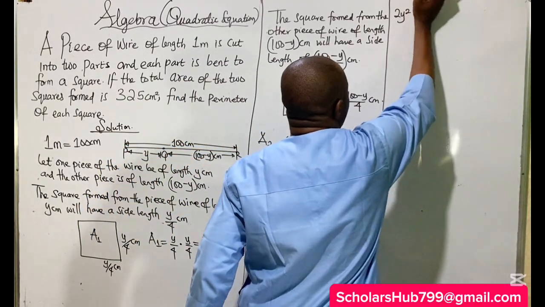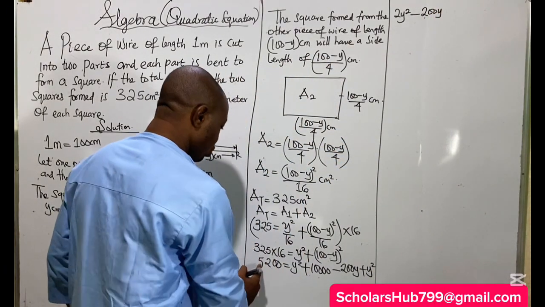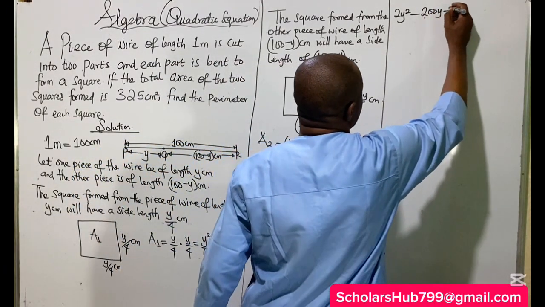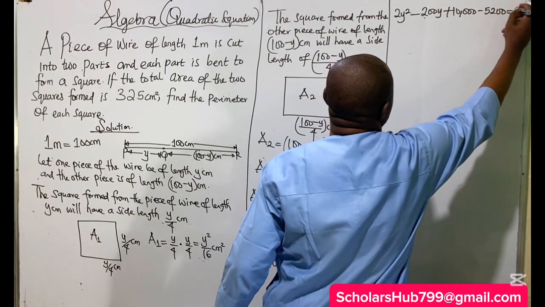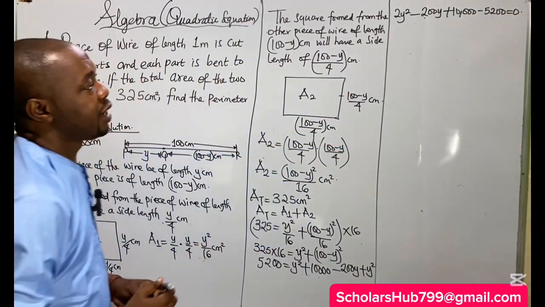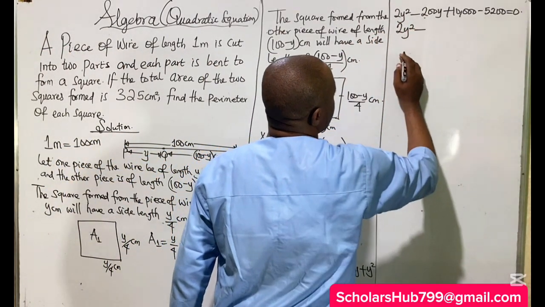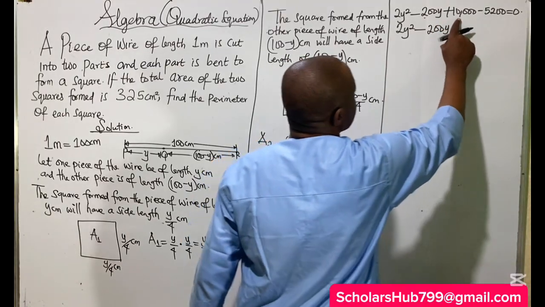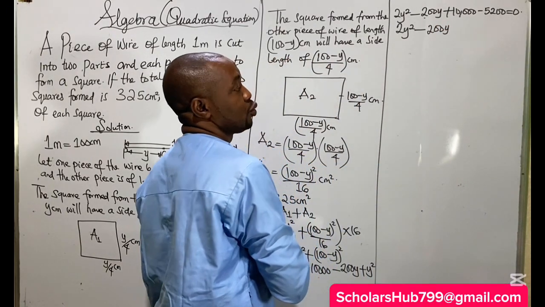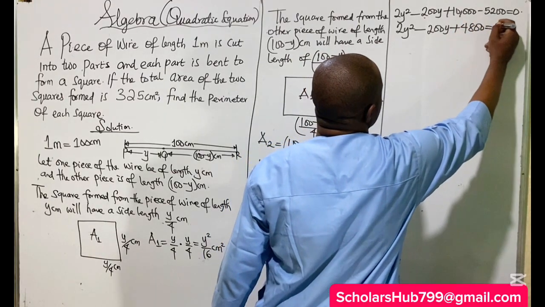Then we move this to the other side, so we have plus 10,000 minus 5,200. So this would be 2y squared minus 200y, and 10,000 minus 5,200 is 4,800, equals 0.